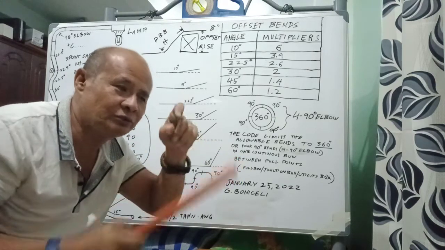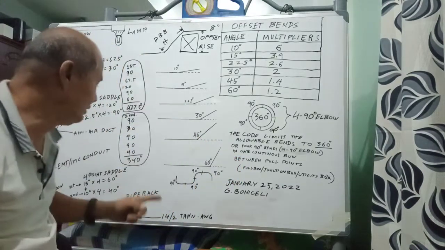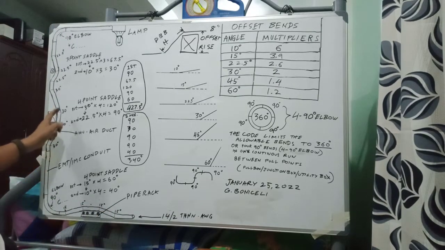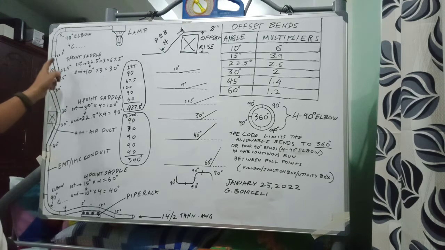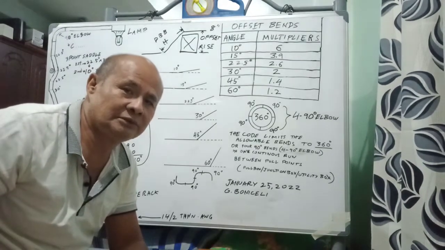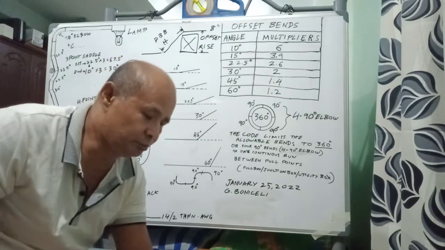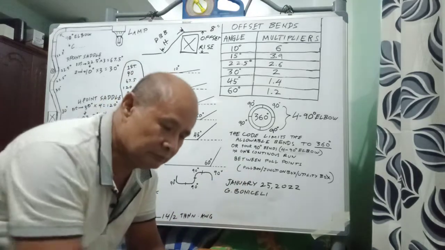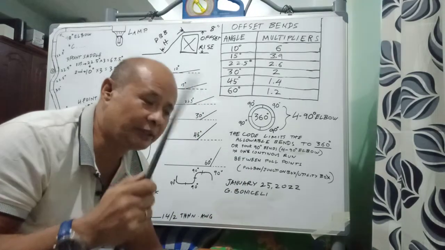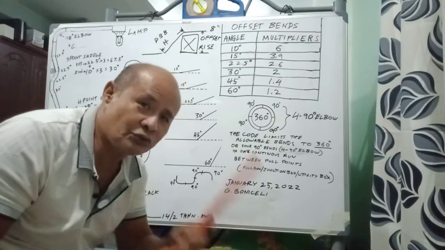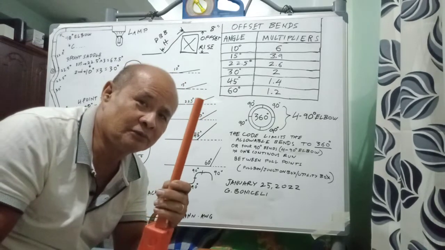If your bends are very sharp, then you have how many bends? 1, 2, 3, 4, 5, 6, 7, 8, 9, 10, 11, 12, 13 bends. So it will be very difficult to pull the wire or insert the wire. That's why I recommend to use the spring. Or else, use a larger pipe or conduit.